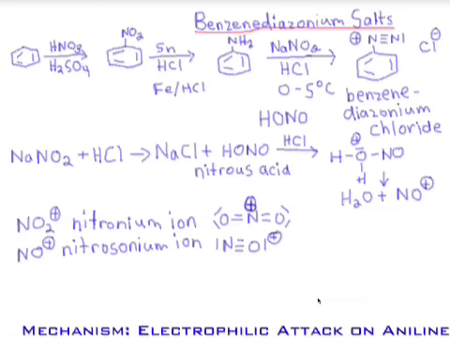So how does the Benzenediazonium chloride actually form from this molecule? Well, that reaction is as follows. First, note that nitrosonium ion has a minor resonance contributor, which can help us understand the nature of the reactivity.